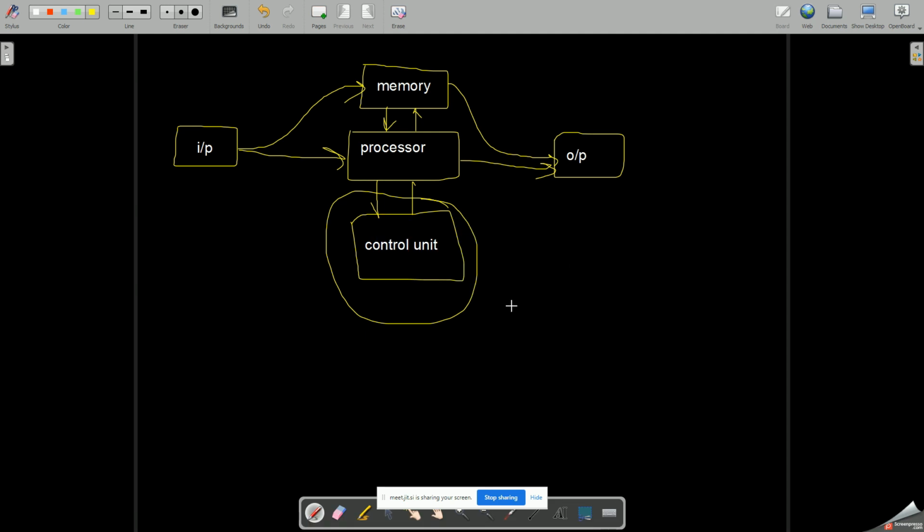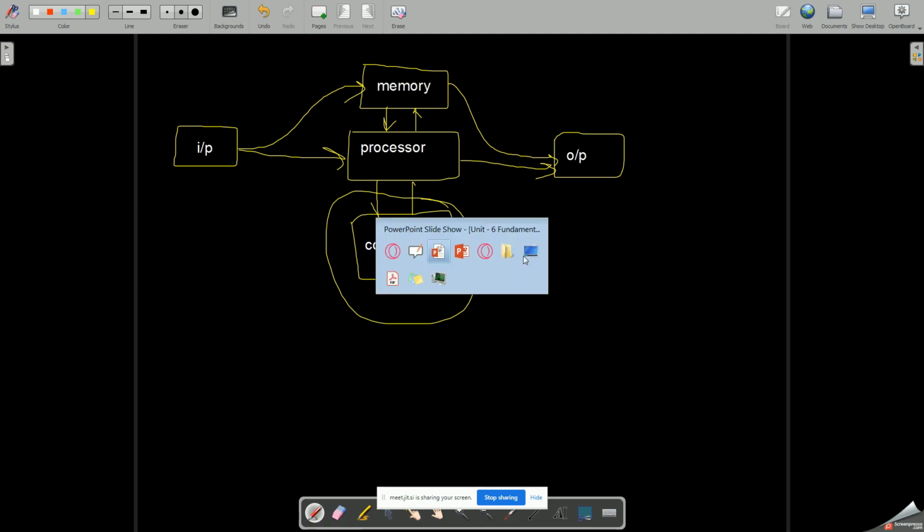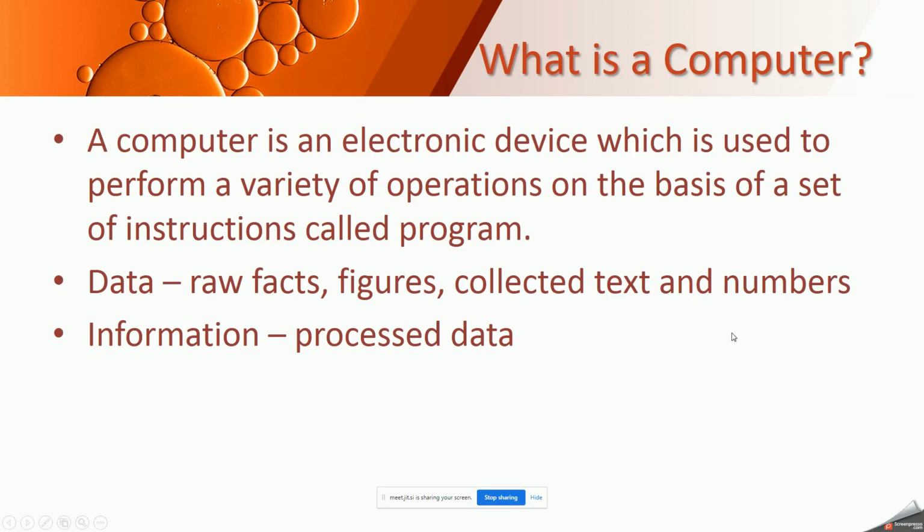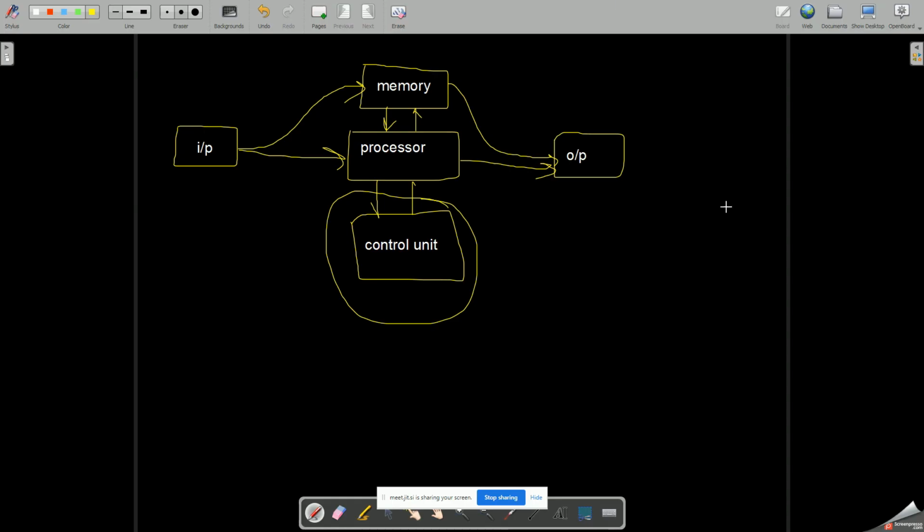Okay, so now this is how we are going to work. A computer is a device which collects some data, stores it somewhere, does some processing and gives us some output. And how does the computer work? It takes a program, a computer program.